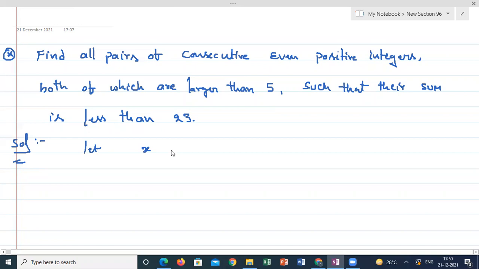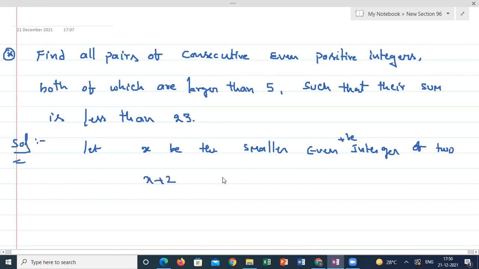You can start with 2x also, that doesn't matter. So the next one is x plus 2.